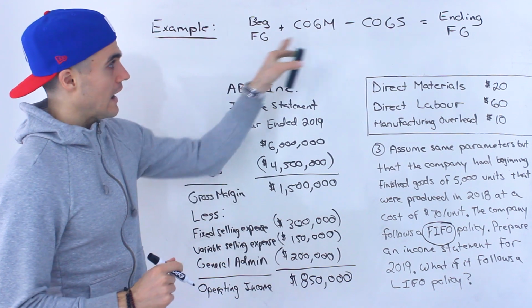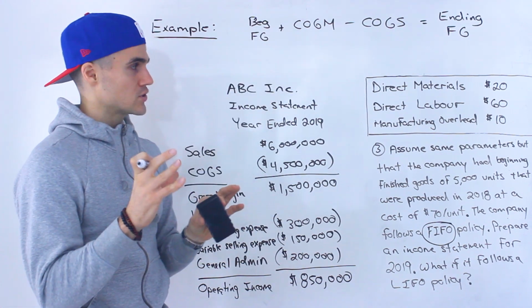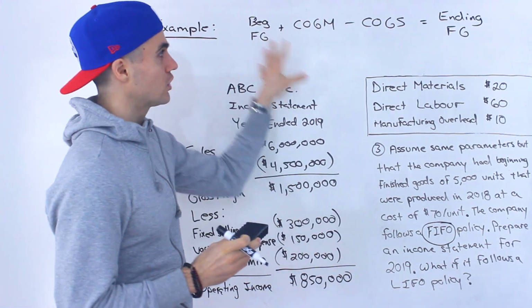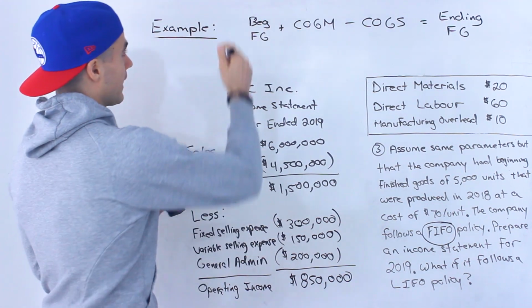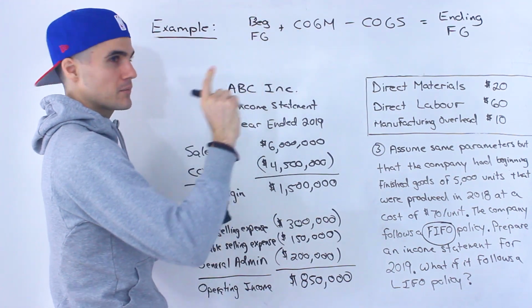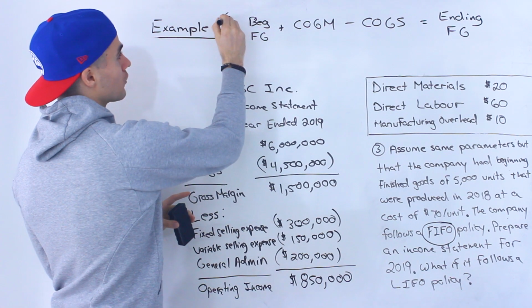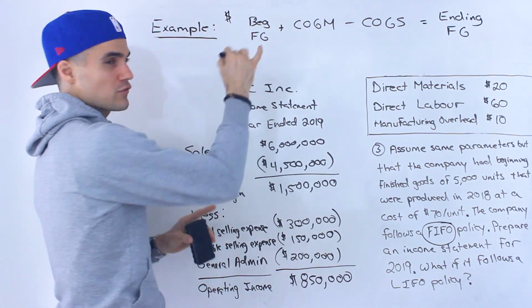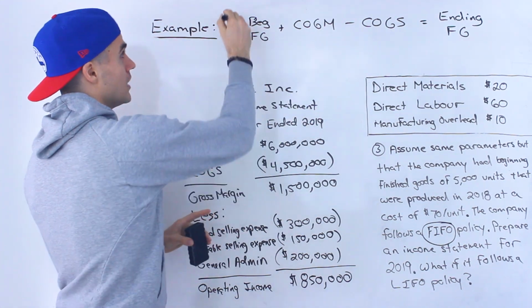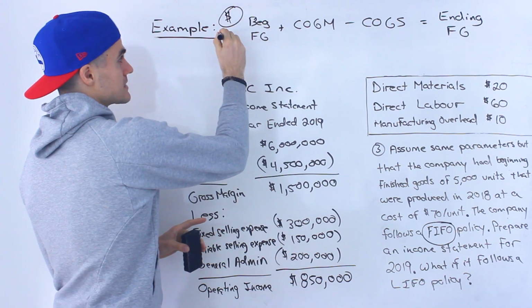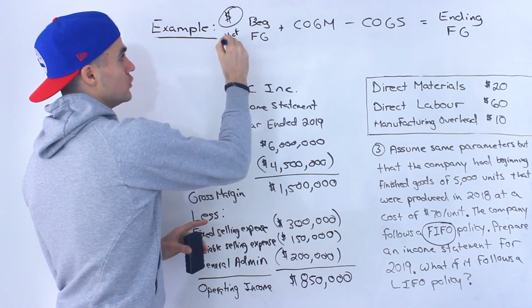Now, this line in that manufacturing flow chart, you can look at in 2 different perspectives. You could look at it in dollar terms, which is what we've mostly been doing up until this point. But you can also look at this with the number of units.